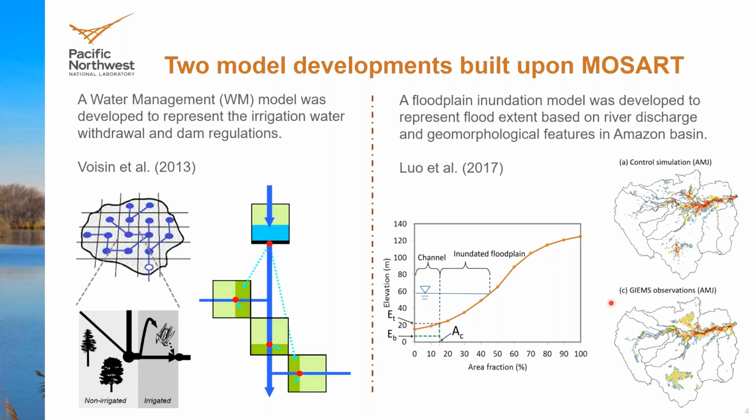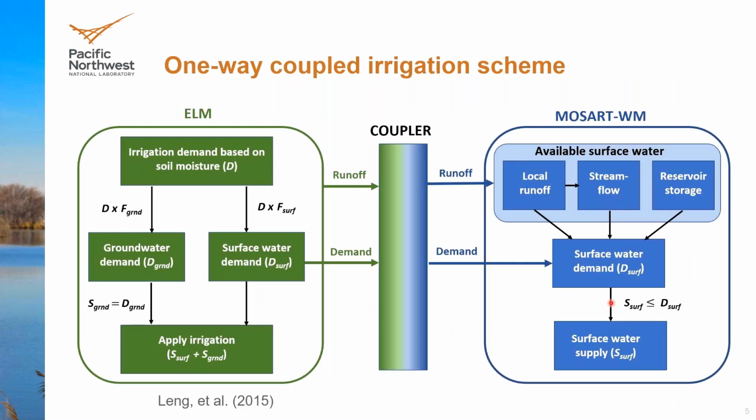The development has not only happened in the river model part. In the land model, ELM, we also have developments in terms of the irrigation scheme. Guoyong published a couple of papers that improved the irrigation schemes in ELM. Currently, the irrigation scheme is coupled with MOSART WM in a one-way coupled fashion.